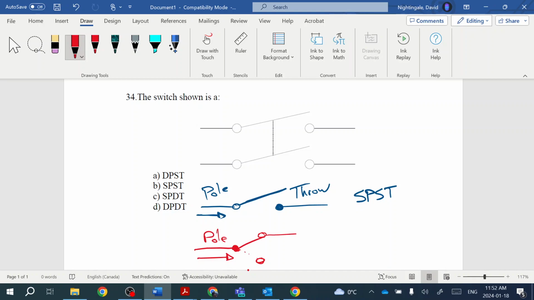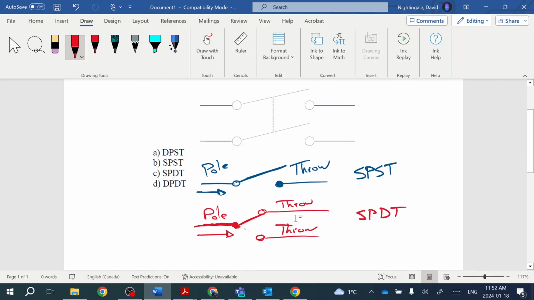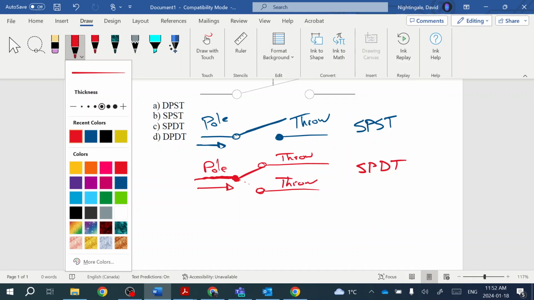So single pole, one path for current to flow, and a double throw because we have two positions that the actuator can contact. Single pole, double throw. And that's our classic three-way switch.